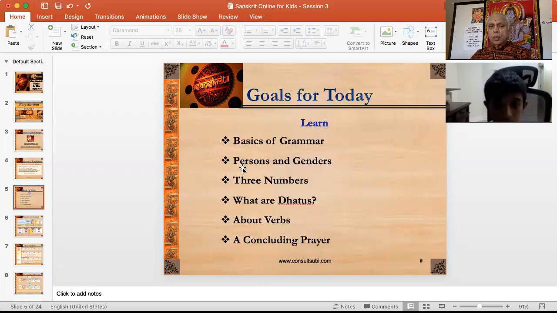In English, you have parts of speech. When you write a line, you have different words in it. Like, for example, you have a noun, which could be either a subject or object, which says a person, a place, or anything.